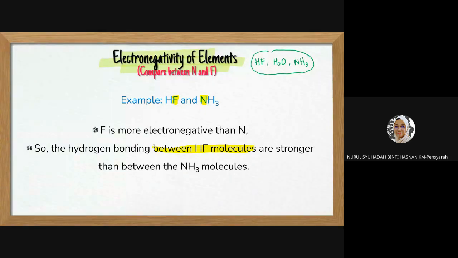Sebab intermolecular forces adalah antara molekul. Jadi kita kena katalah between molecules dekat sini. So are stronger than between the NH3 molecules. So that's why HF will have higher boiling point than NH3. Okay, so factors of electronegativity, is it clear?